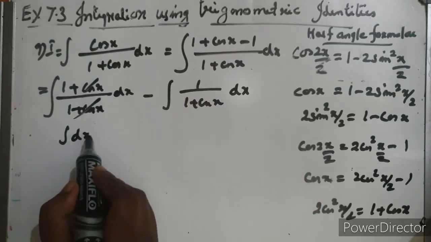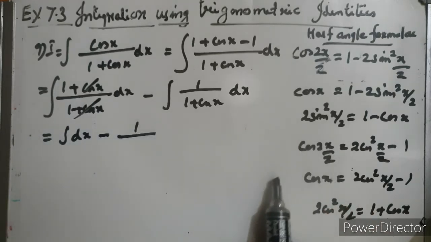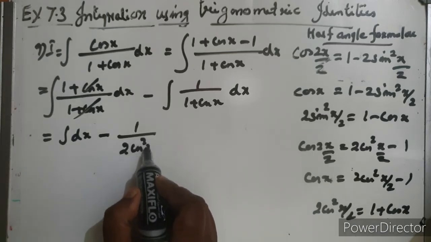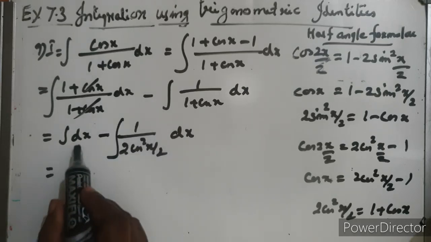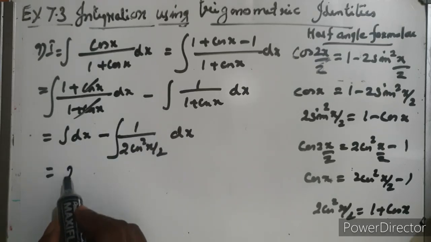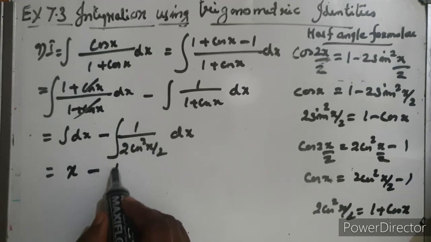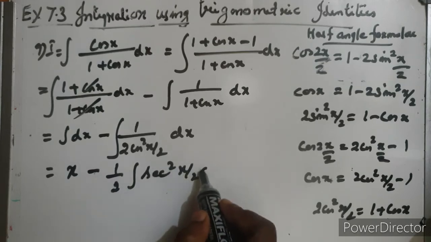So integral of dx minus, 1 plus cos x is 2 cos square x by 2. So I am changing this as 1 by 2 cos square x by 2 dx. So integral of dx is x. So x minus, 1 by cos is secant. So I am writing this as half of integral of secant square x by 2 dx.